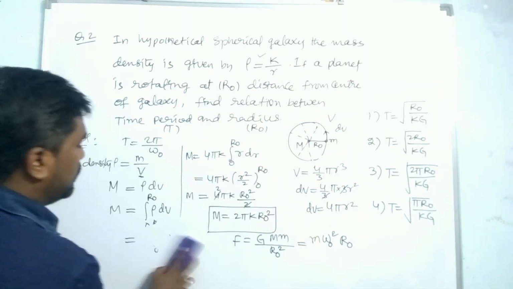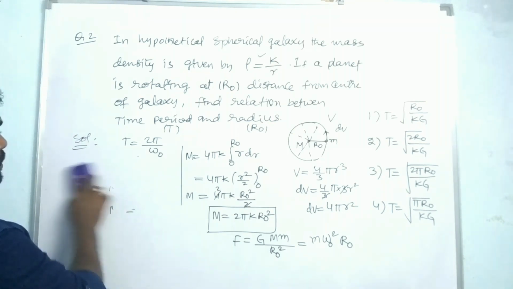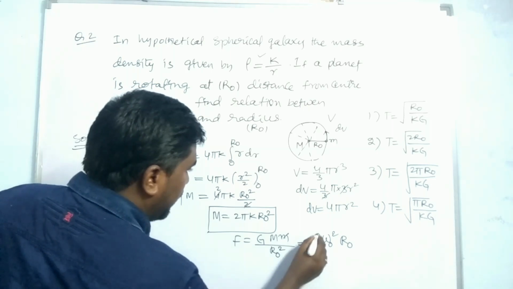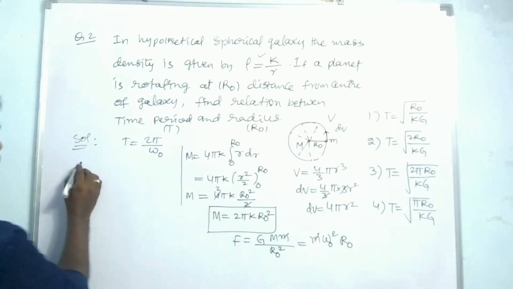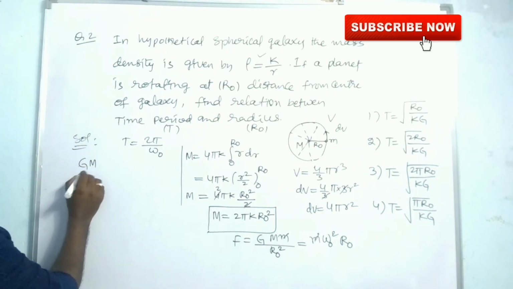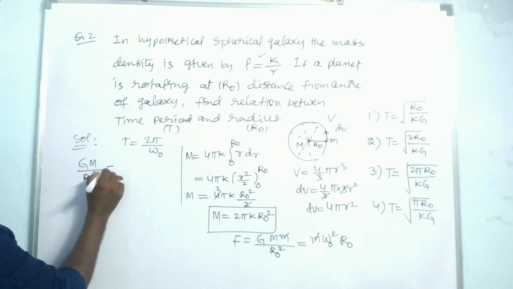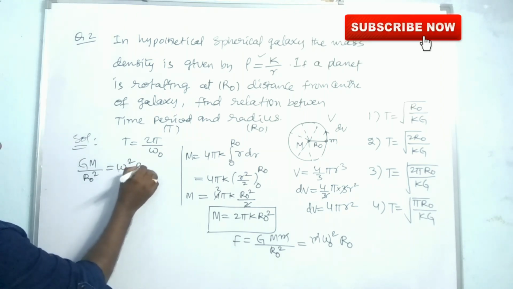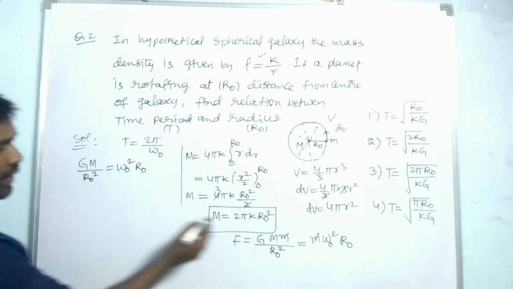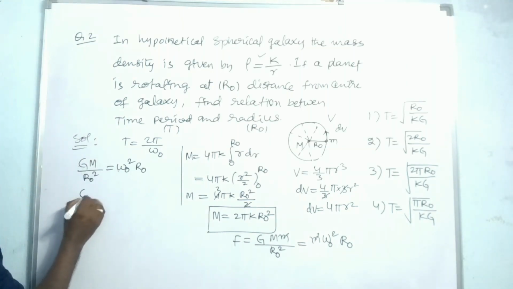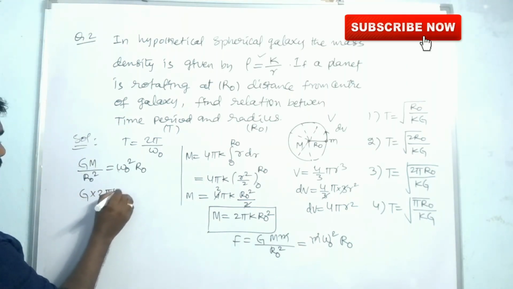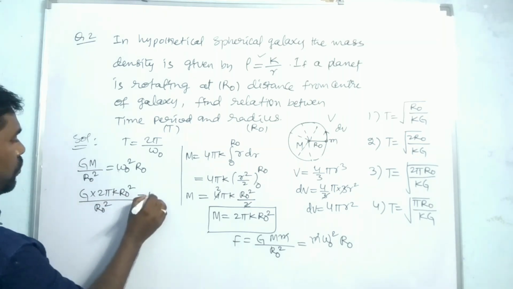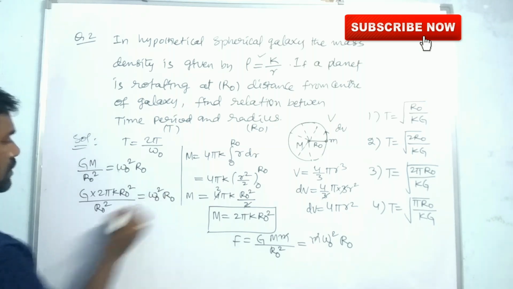Here m and m should be cancelled out, so G M by r naught square is equal to omega naught square r naught. M we already found as 2 pi k r naught square, so G into 2 pi k r naught square by r naught square is equal to omega naught square r naught.